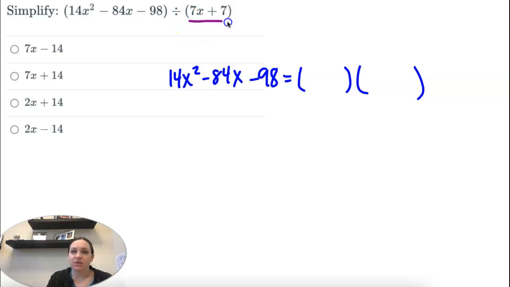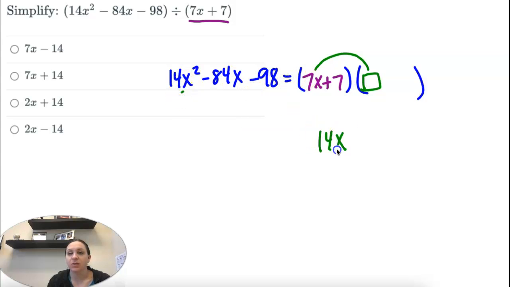So this is one of our factors, 7x plus 7, and we need to find the other factor. So again, I'm going to go through the multiplying process. 7x times what gives us 14x squared? 2x, because 7 times 2 is 14, and x times x is x squared, right?